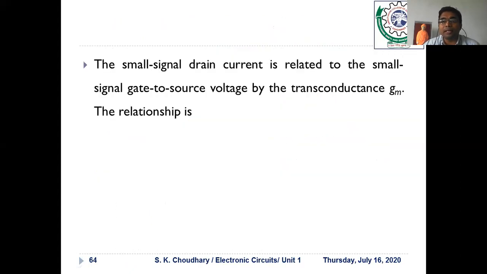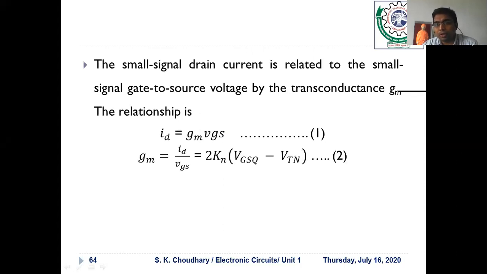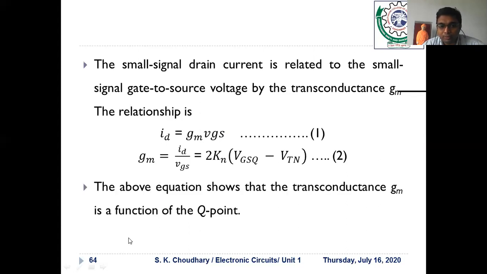Now in the next slide, the small signal drain current is related to the small signal gate to source voltage by a transconductance GM, and the relationship is very clear: ID is equal to GM VGS. You can further write GM as ID upon VGS, that is equal to this.